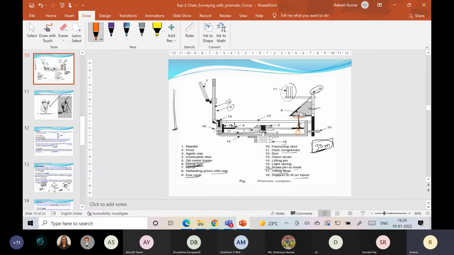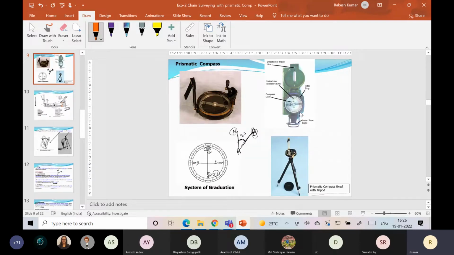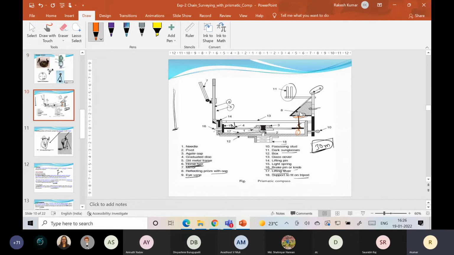The outer circle of this instrument, as you see in the slide, will move. You can see it in the video also. So whatever reading I am able to see, I will see 30 degrees or 180 degrees here. So there is no need to do subtraction in a prismatic compass. I hope you are getting the point. Yes, sir. Understood.